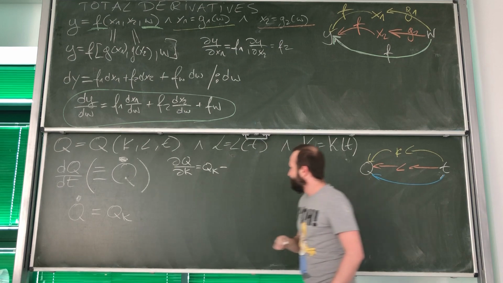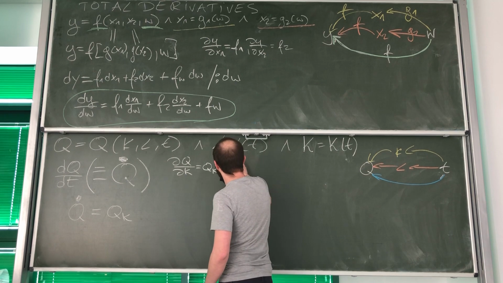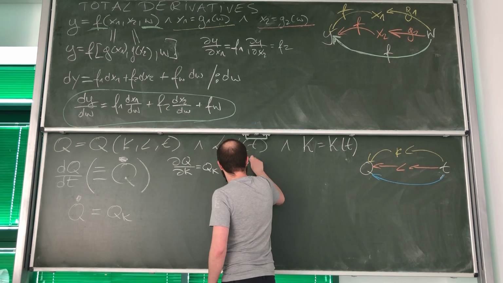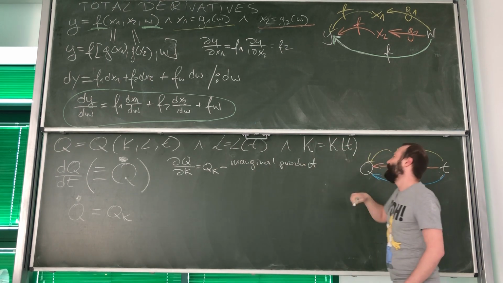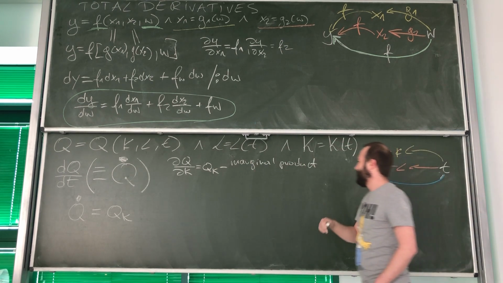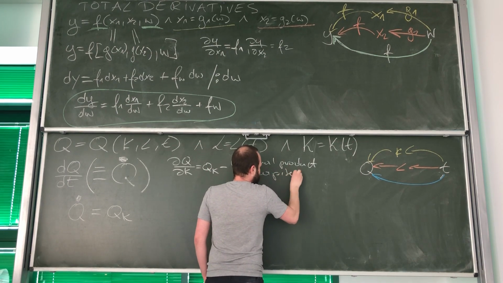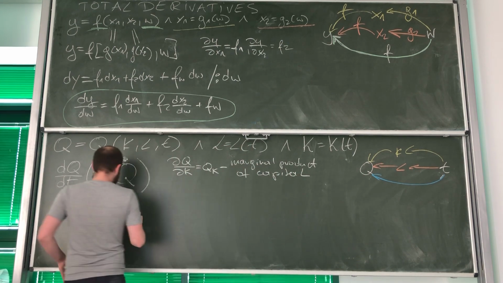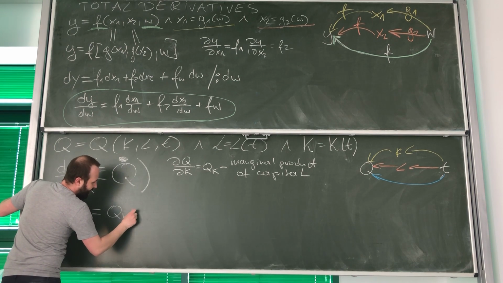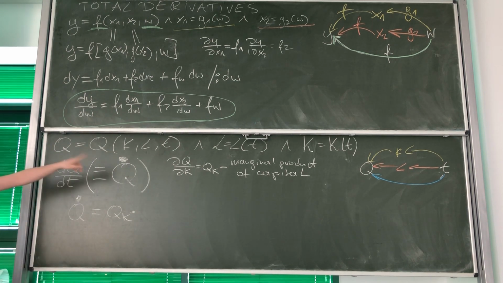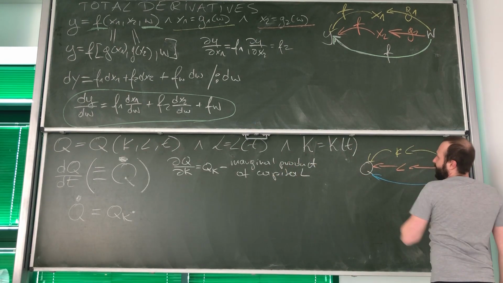We call this derivative, as I hope you remember from microeconomics, marginal product. We should say marginal physical product of capital, but I don't want to make it too long. Product of capital. And of course, this is multiplied by the derivative of K with respect to time, right?